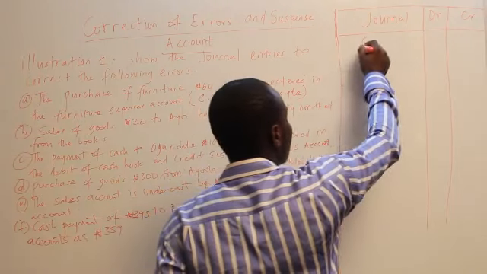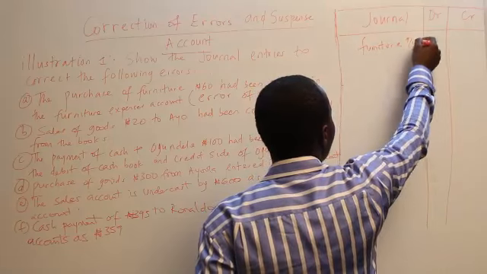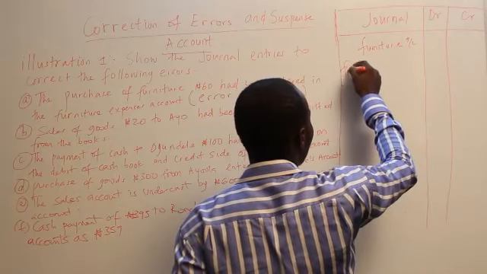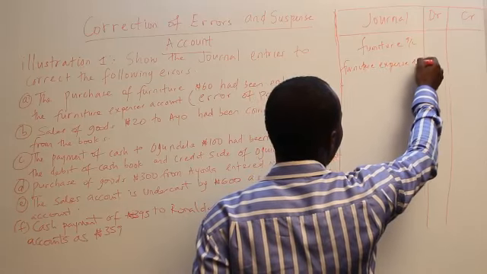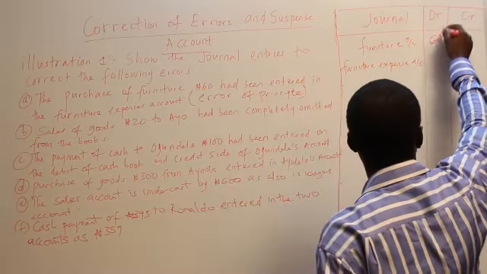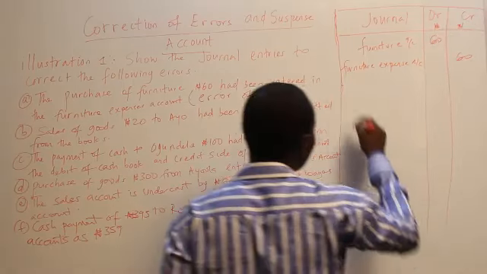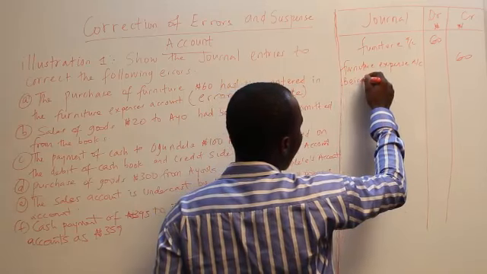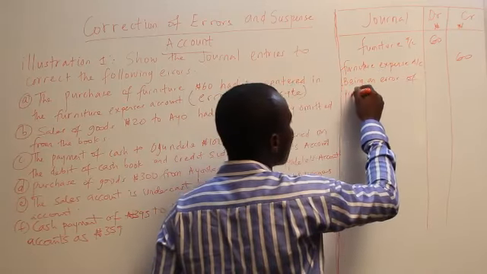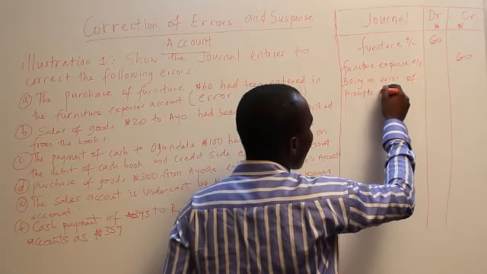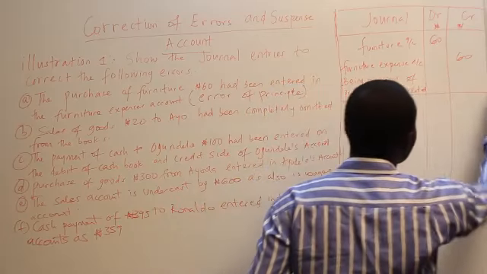So we're going to have the furniture account and the furniture expenses account. So we are going to debit this and we are going to credit this. So narration: being an error of principle, now corrected.